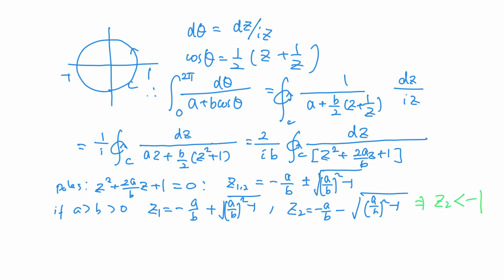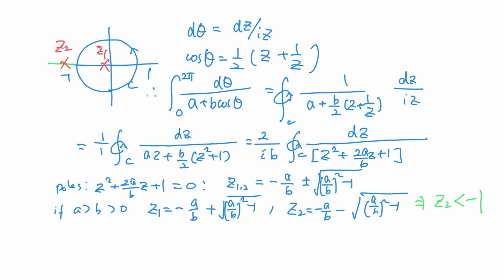And if you subtract the root term, then z2 must obviously be less than minus 1. So we know that it is somewhere here, right? So one of the poles is outside of this circle, and only z1 is inside.